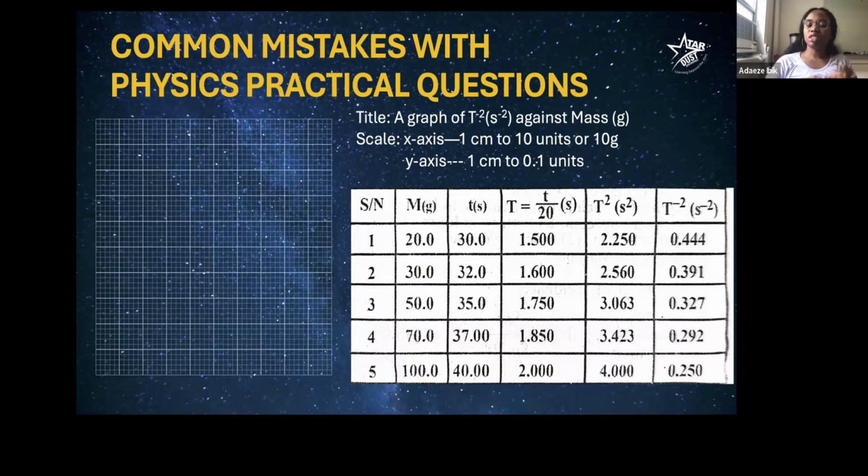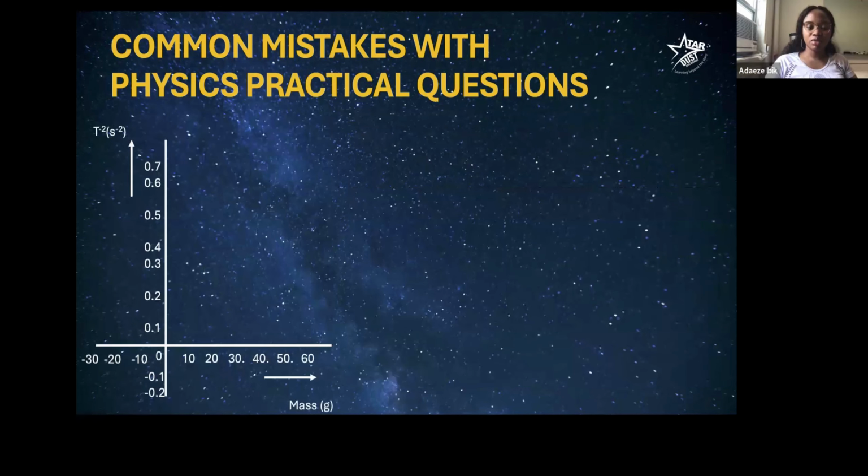But if you choose a scale that will allow your points to spread out, then you will be able to obtain what is called the slope better. We get to that. Now, I have written down 1 cm to 0.1 units. I can choose to represent my points that way. In fact, I think that's what I ended up doing.